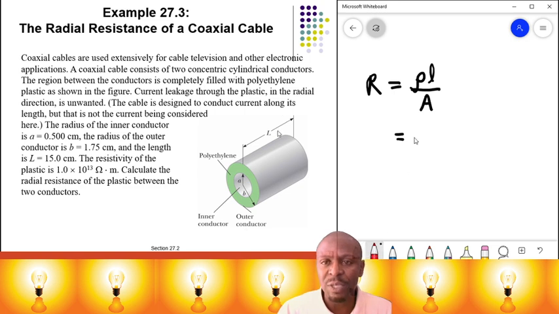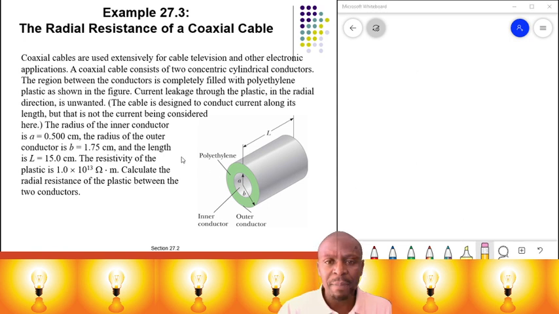As a result, this equation changes to rho times r divided by A, and we know what the area of a cylinder is. Therefore, that's the approach we are going to use to solve this problem.